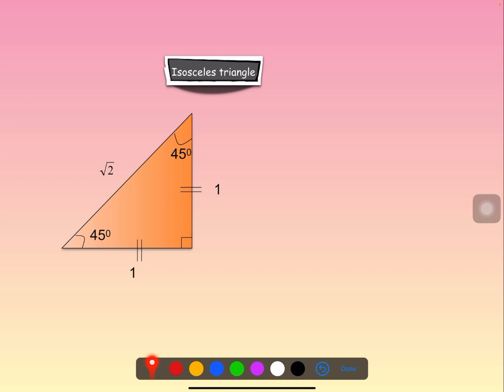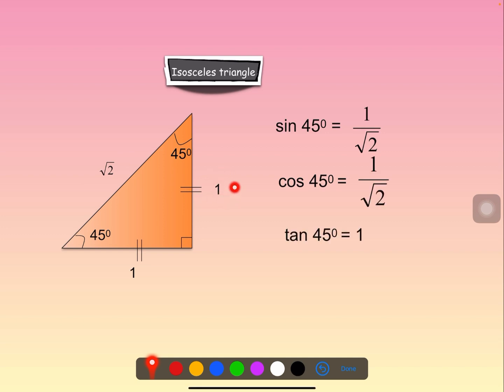From this diagram of the isosceles triangle, we have sine 45 is 1 over root 2, cos 45 is 1 over root 2, and tangent 45 is 1.